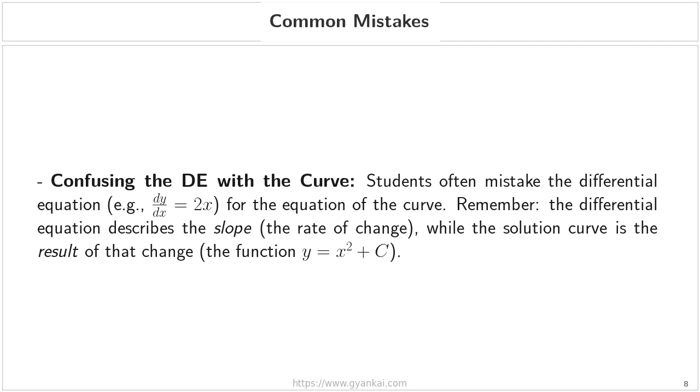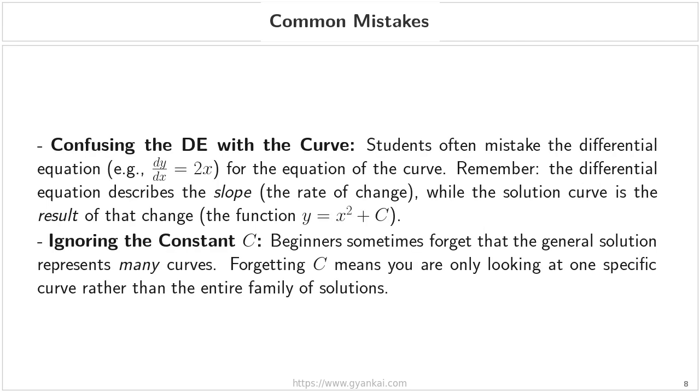Remember what we discussed in our earlier examples. The differential equation is actually a set of instructions describing the slope, or the rate of change, at any given point. The solution curve, such as y equals x squared plus c, is the actual result, the path that follows those instructions. Second, please do not ignore the arbitrary constant.